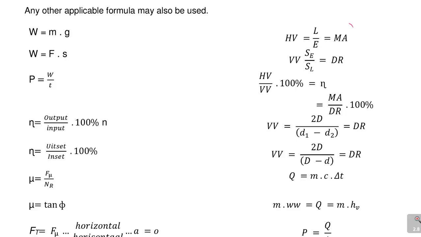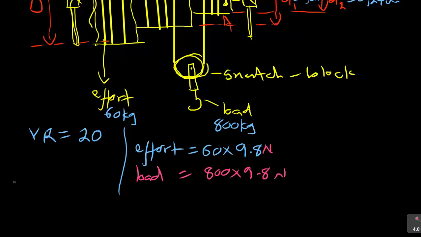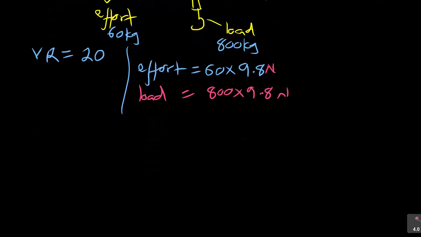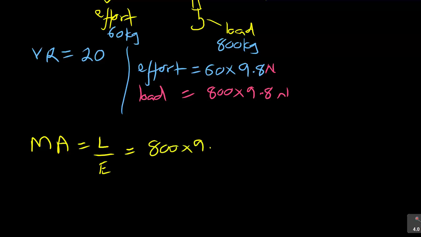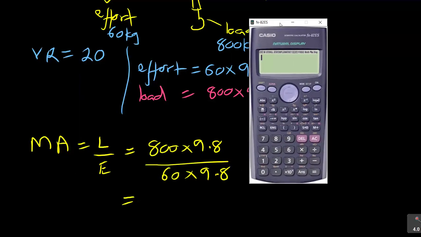It's load over effort, or L over E. So mechanical advantage, MA, is equal to L over E, which is load over effort. Now the load is 800 times 9.8 over the effort, which is 60 times 9.8. So it will give us the mechanical advantage of this particular machine.